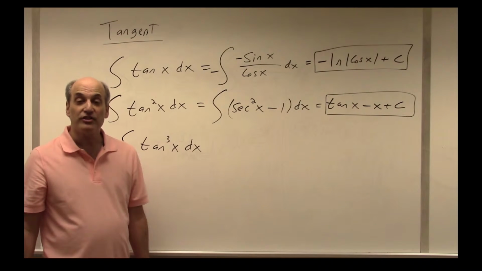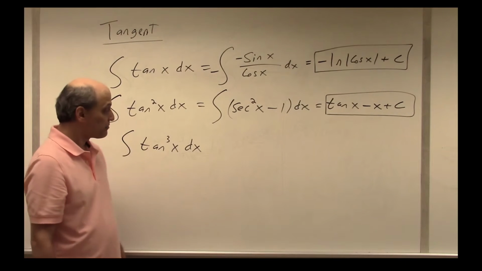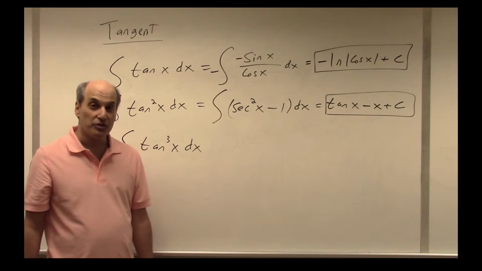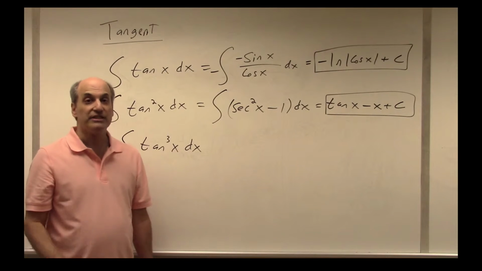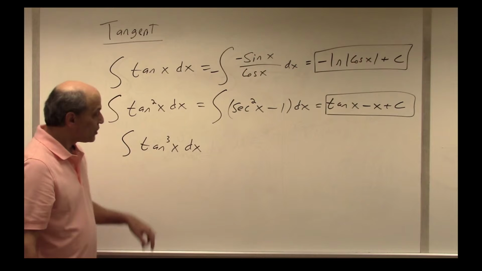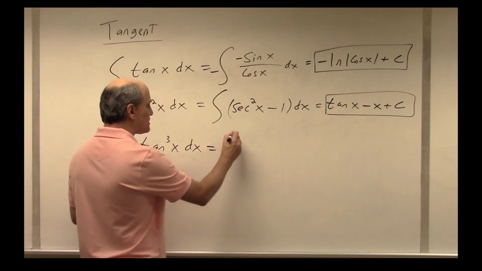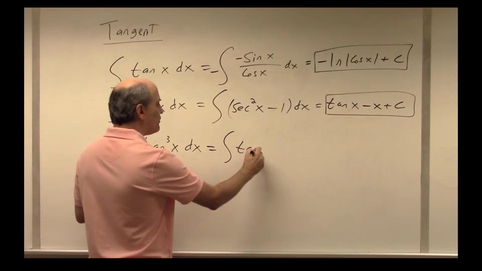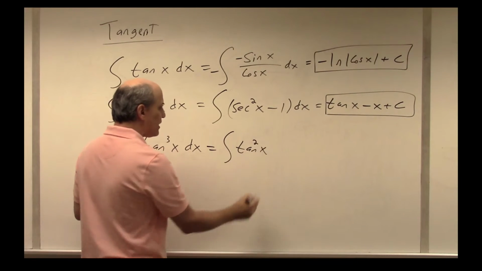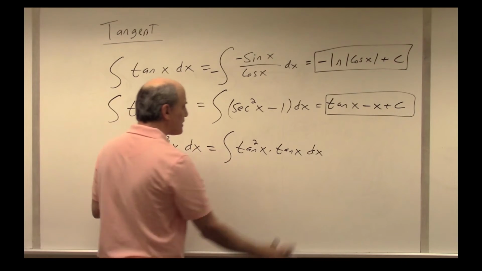The rule for tangent to an odd power is similar to the rule for sine and cosine. If you have tangent raised to an odd power, save a tangent and change everything else to secant. So what I'm going to do is write tangent cubed of x dx as the integral of tangent squared of x times tangent of x dx.